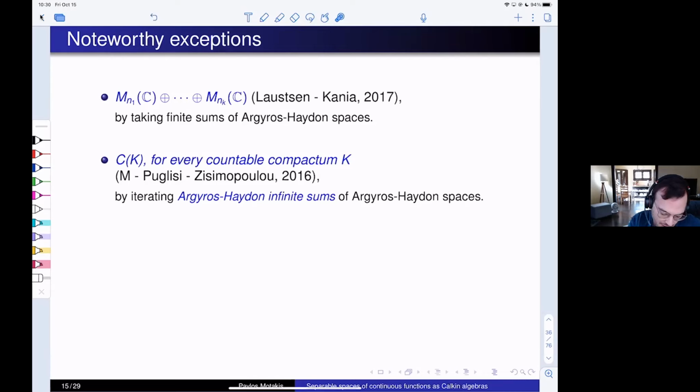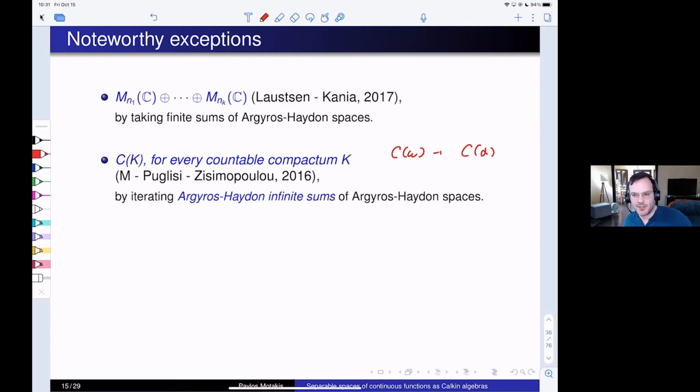The way this worked is you took an infinite sequence of very incomparable Argyros-Haydon spaces and you combined them in an Argyros-Haydon way. And this way you were able to get a C(omega), your simplest infinite compact metric space, Calkin algebra. Then if you iterated this process in a transfinite induction, you were able to create any C(alpha) for countable ordinal alpha, and countable compact metric spaces are of this form, basically.